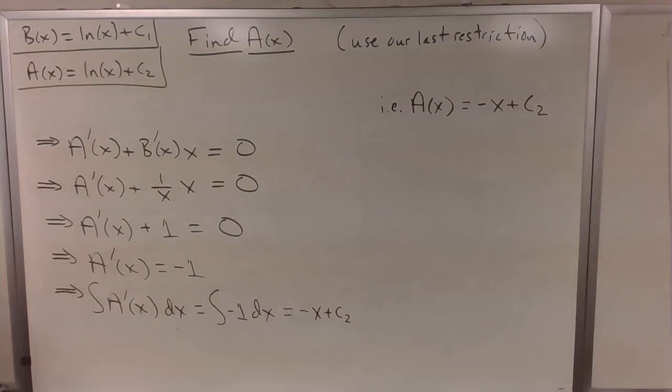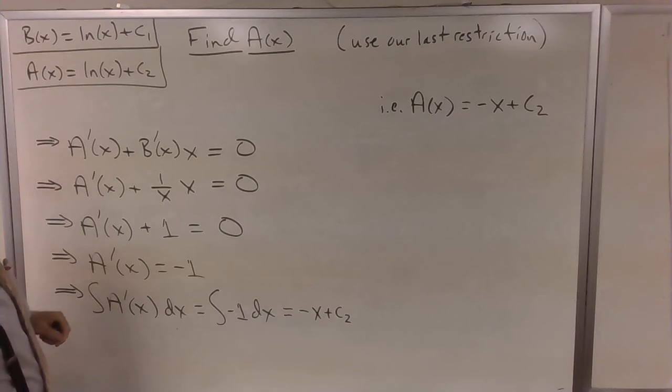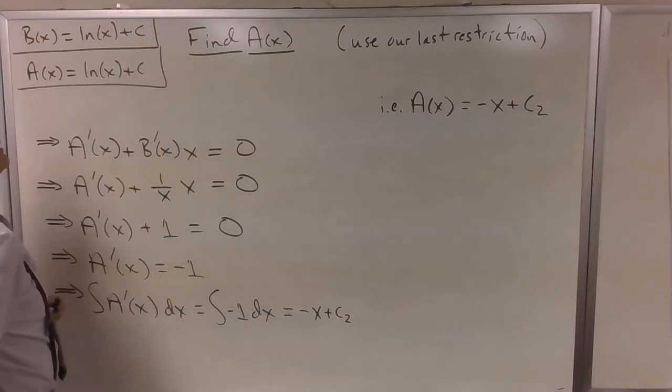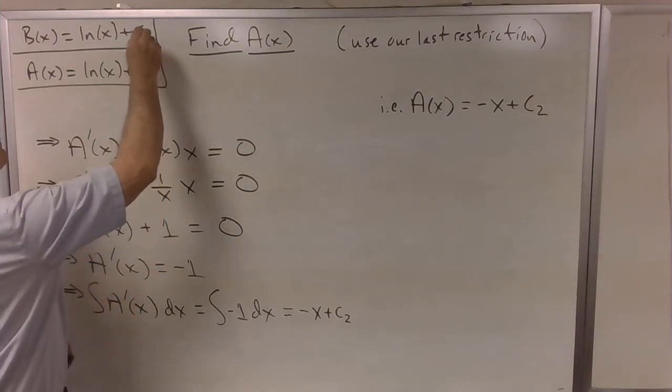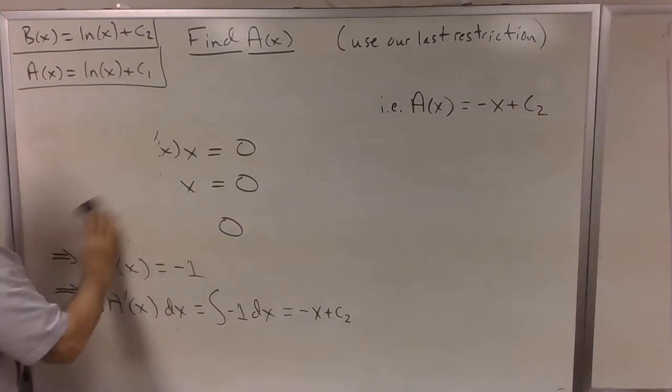And you know what? I can see that these constants are pretty much going to work out like they did before. Let me just switch the subscripts. I'll call that C1 and this C2. No big deal. I don't have to do this. I'm just being petty.